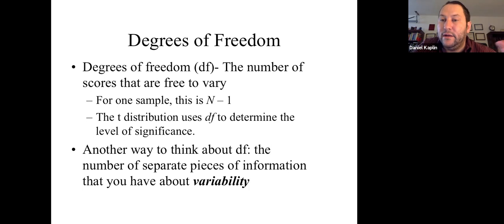So we're looking at the number of scores that can vary from a constant. So if I had 25 people in the sample, then there would be 24 other people that are not me, right? So that's how we do it, n minus 1, right? And it's useful, right, to see the spread of scores and determine how that goes.